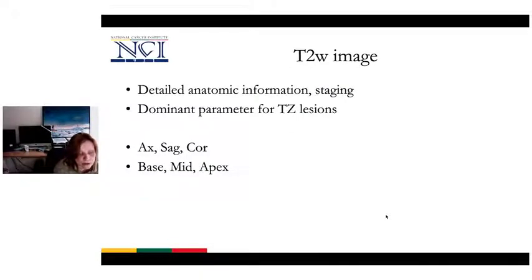So at first, anatomical information is best evaluated on T2 images, and this is the dominant parameter for transition zone lesions. T2 images we perform in 3 different planes: axial, sagittal, and coronal.